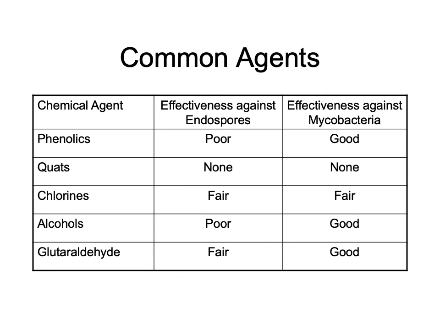Let's look at this table of common agents that are used to control microbial growth. You have those phenolics, the quats, the chlorines, the alcohols. If you look at this table, you can see that no one particular type of agent is good at all things.